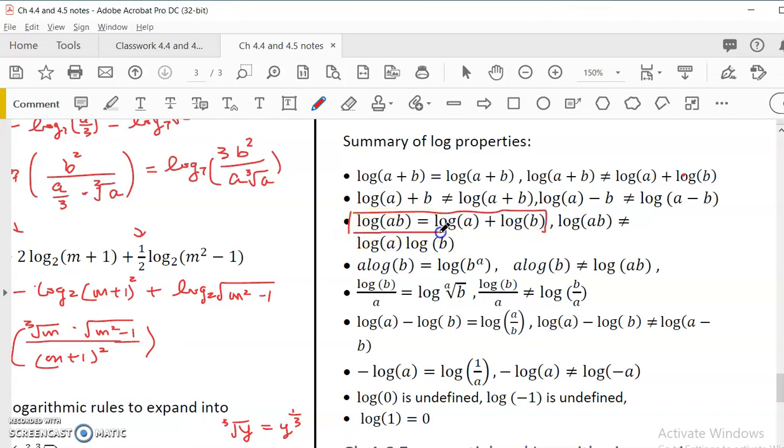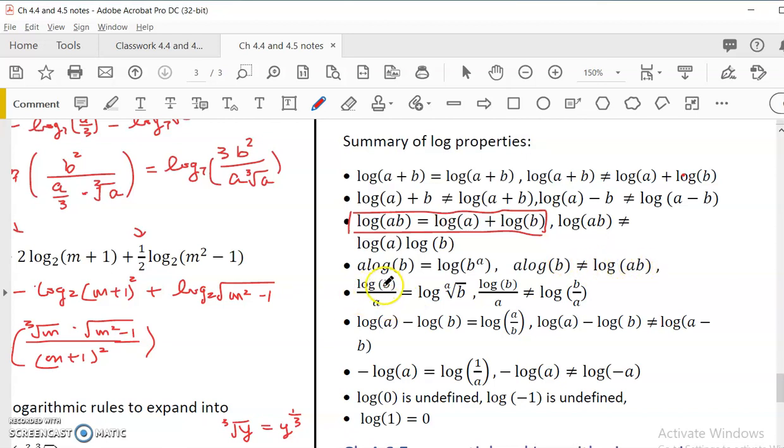Okay, inside is multiply, you can split as add. And then if you have a times log b, you can move it as an exponent. If you have a number outside of the log, you can move it in as an exponent, but you cannot just move it in as a times b.